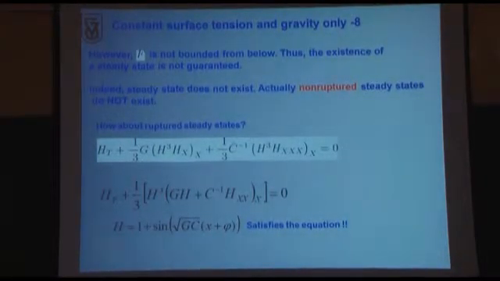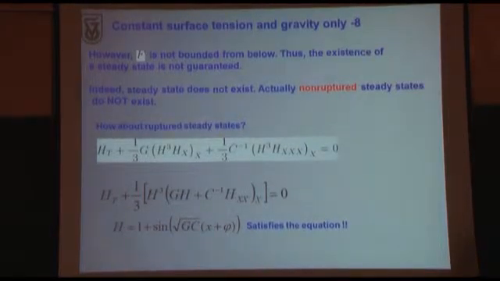And it can be shown numerically. I will show you. Basically what happens, I should be cautious: non-ruptured steady states do not exist. Non-ruptured means the local thickness of the film, if somewhere at some time it becomes 0, means that the film is ruptured.